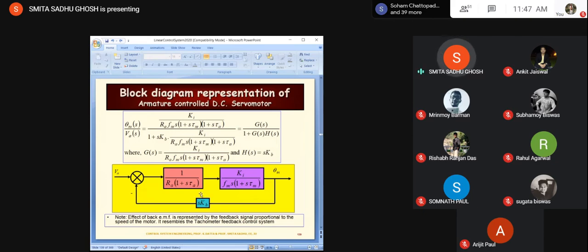That is, this S Kb block has been broken up into two blocks, one being the S, which I put over here, and the other being the Kb, which is over here. So if that is the case, theta m passing through S means that theta m dot, that is the speed, is being fed back. So speed being fed back via the Kb block converts it into the back EMF.